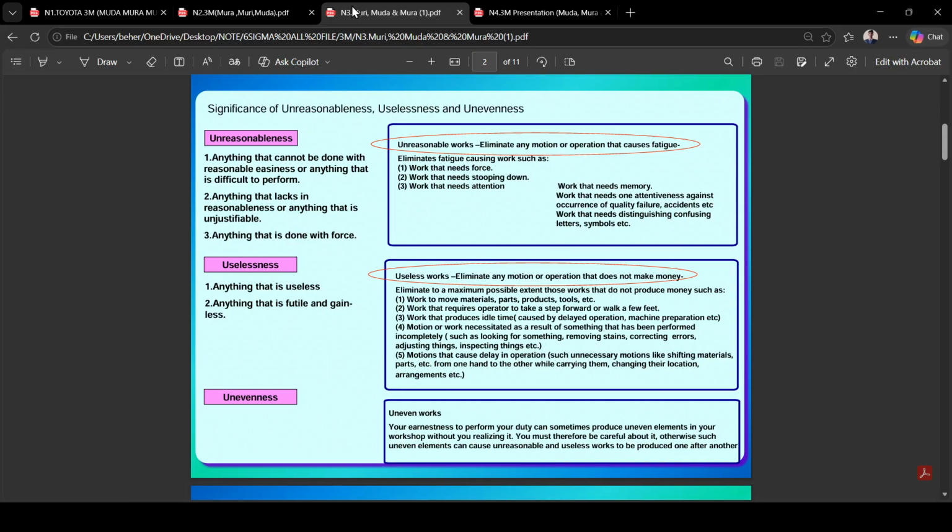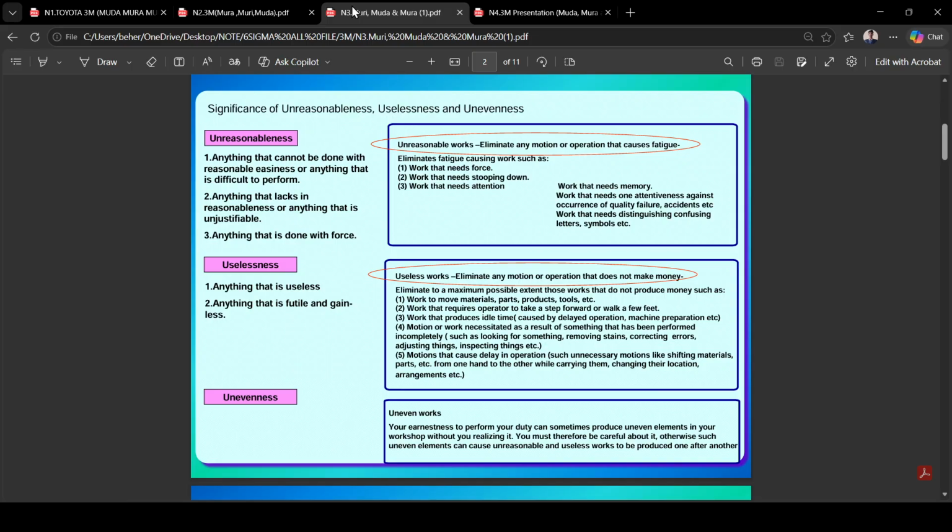So eliminate fatigue-causing work such as work that needs force, work that needs stooping down, work that needs attention, then work that needs memory, work that needs attention against occurrence of qualitative accidents, etc. Work that needs to distinguish confusing letters, symbols and registers.